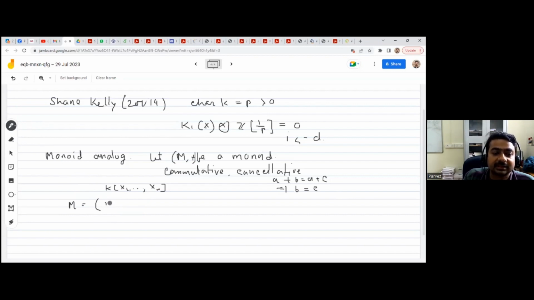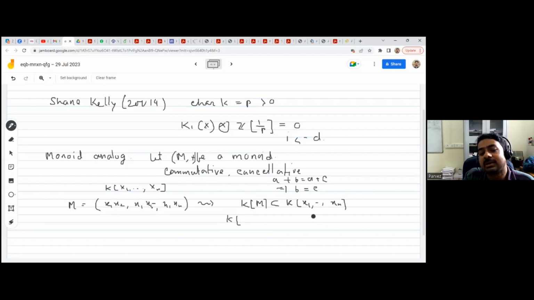So maybe you can take, say, x1 x2, x1 x5, x1 xn, like that. It is a monoid generated by these. Then similarly to a group ring, you can make a monoid ring, k[M]. So this is a subring of k[x1 to xn]. You just take some monomials from the variables x1 to xn and make it.